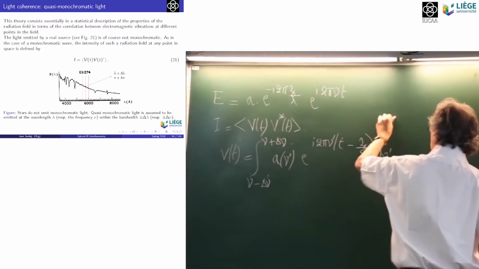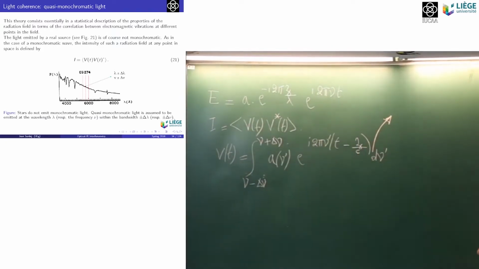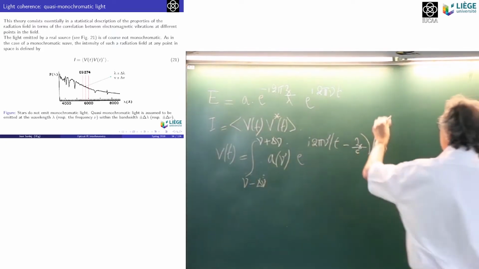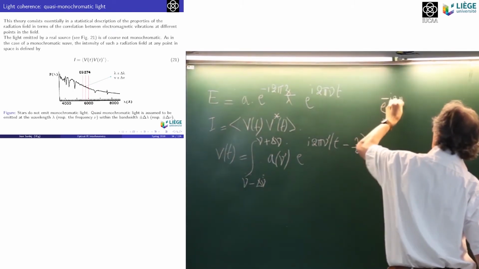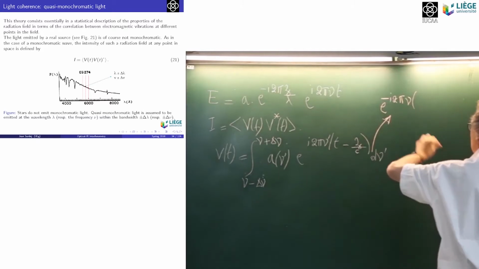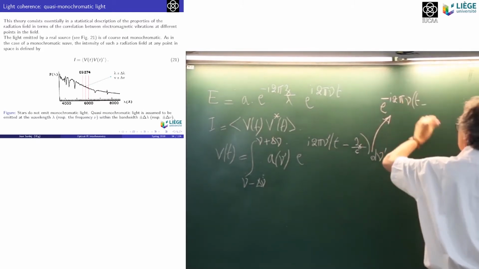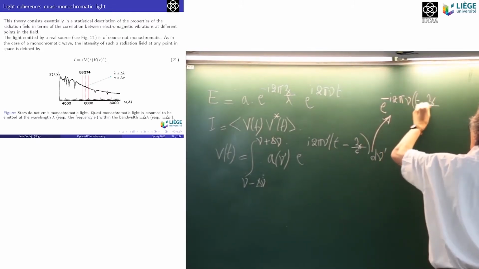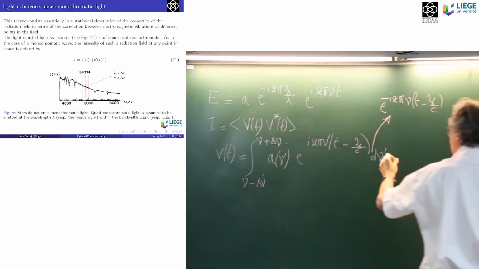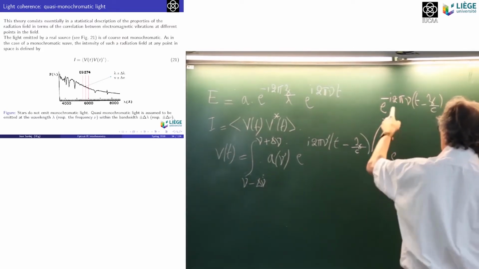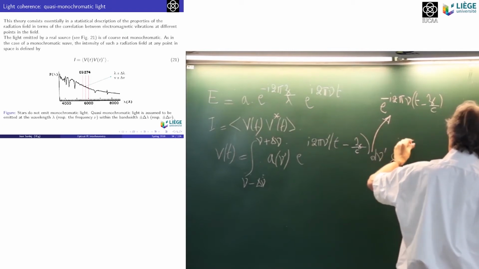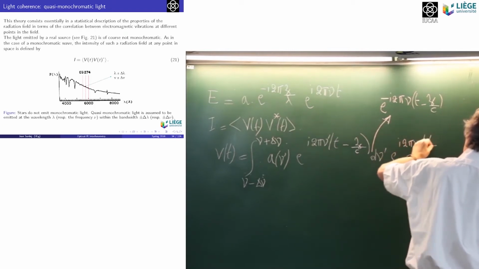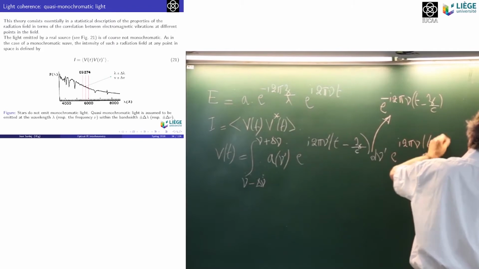I will just insert inside the integrand the following quantity: e to the minus 2 pi i nu times t minus z over c, and now I put its complex conjugate, nu times t minus z over c.